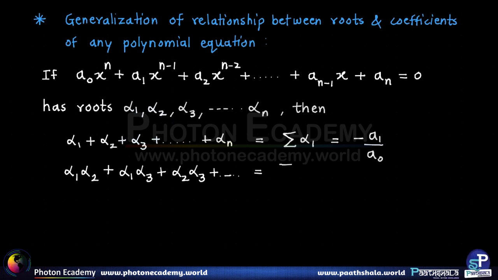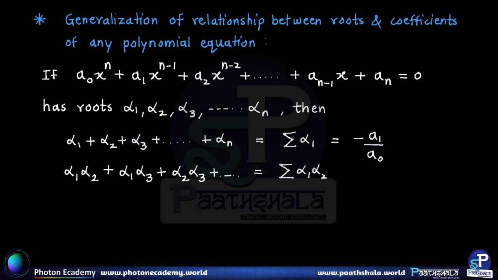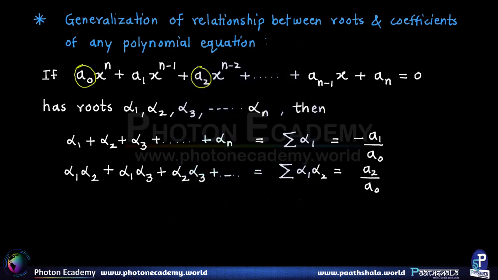Now this we denote by compact notation as, say, summation of alpha 1 alpha 2. So we are taking two roots at a time into the product. Now this particular sum is given by a2 upon a0. Once again, if we look at the coefficient, it is the next coefficient in line but divided by the leading coefficient.